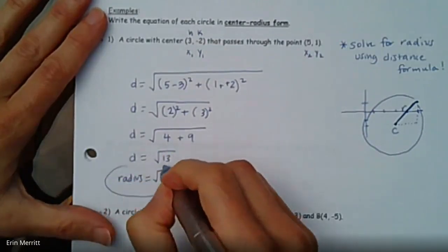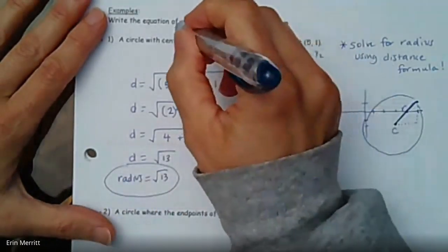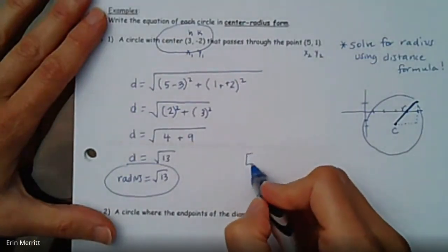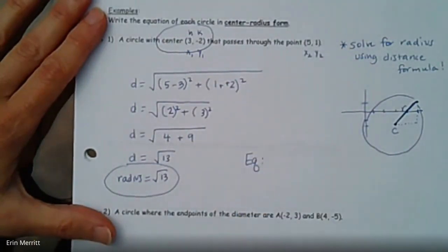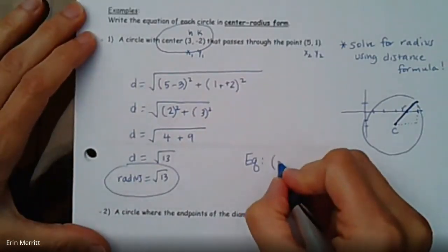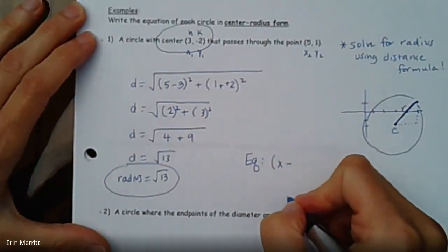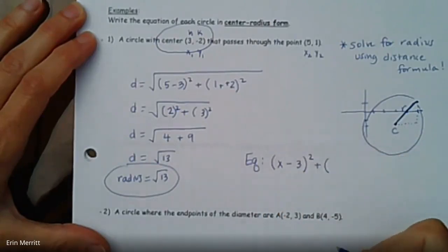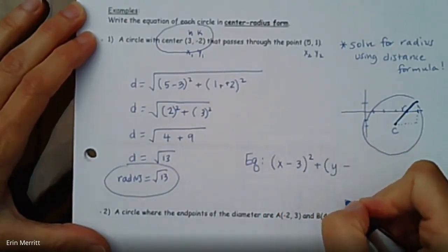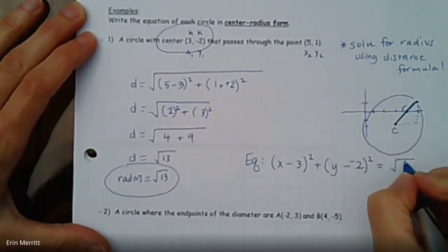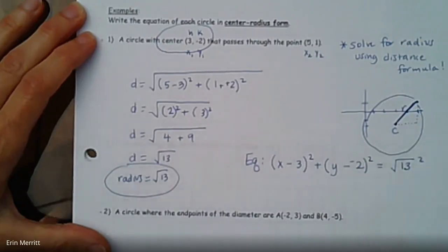So now I've got the radius and I've got the center point. Now I have what I need to be able to write the equation of that circle. So I can use the equation that we know from the front. Keep the x minus, and now we plug in h, 3, squared, plus y minus, and now the k, squared, and then equals r squared.